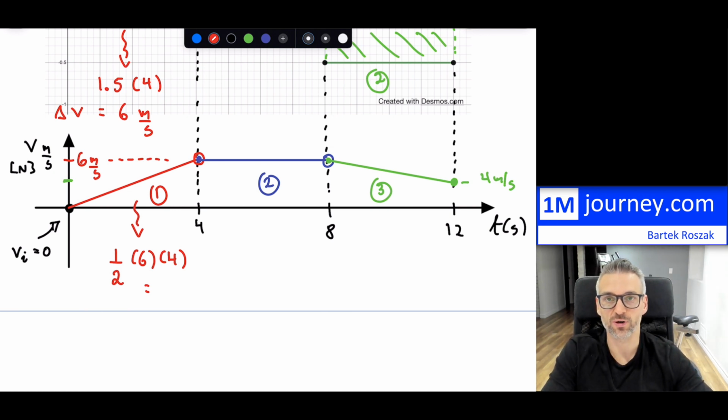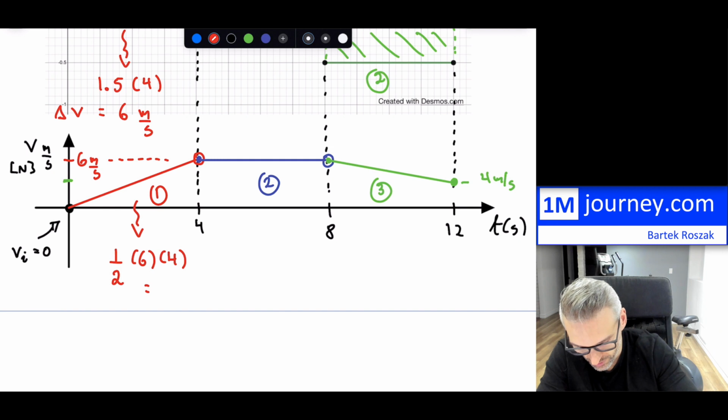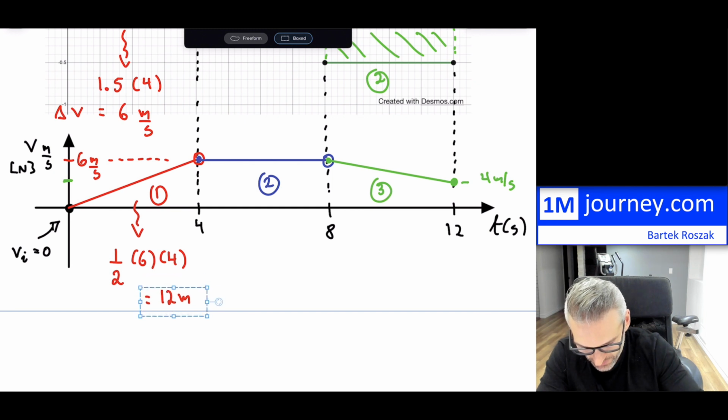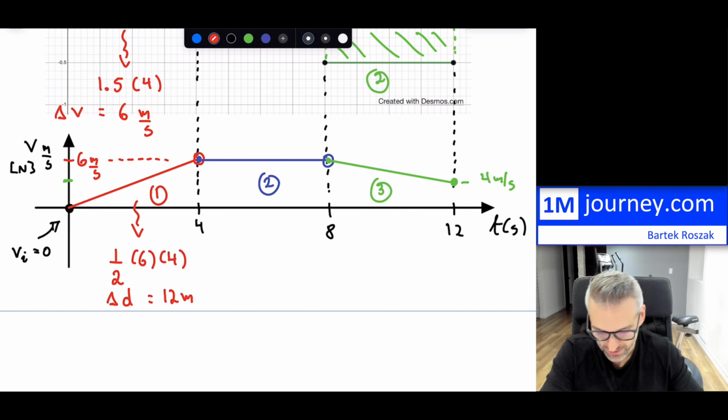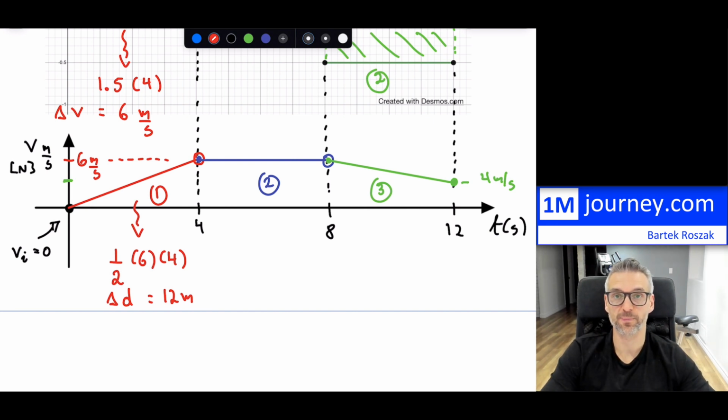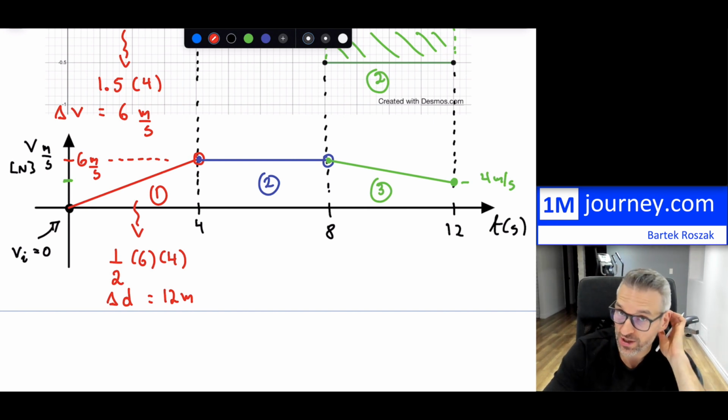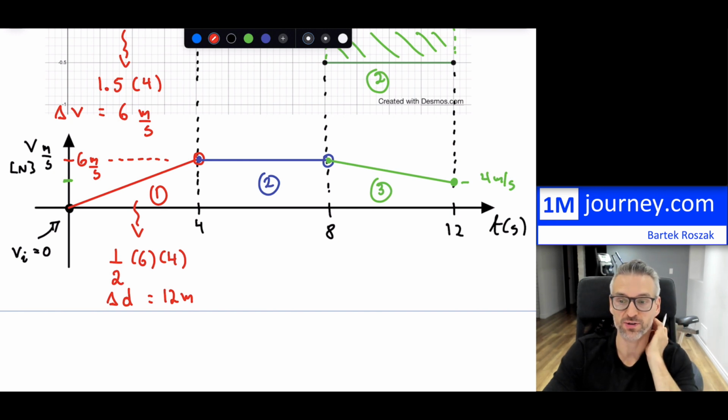Well, 6 times 4, 24, divided by 2, which is 12 meters. So what is this? This is the change, the displacement. It would be a change in position of 12 meters.